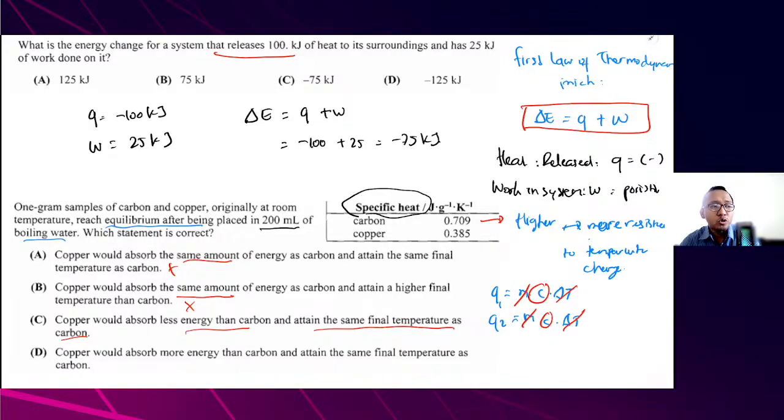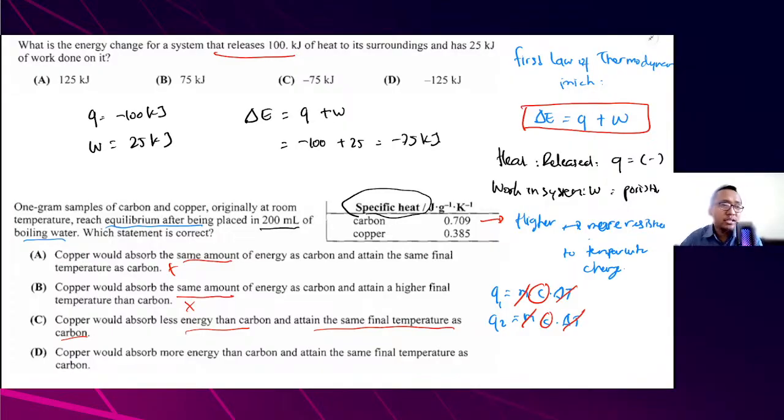Copper absorbs less energy to attain the same final temperature because, like I mentioned, if the specific heat capacity is lower, it will raise temperature more easily, being less resistant to temperature change.